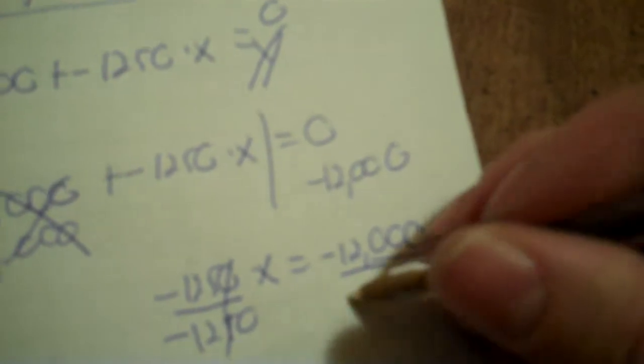And divide each side by negative 1,250. And you might get a decimal, that's okay. 9.6, that's okay. So 9.6 years. Second PRB equals, and make it 9 3/5.